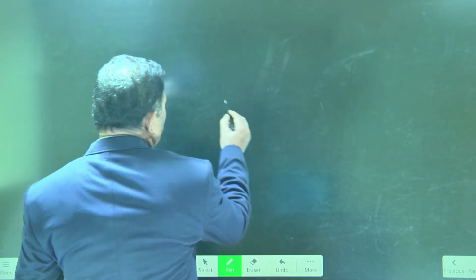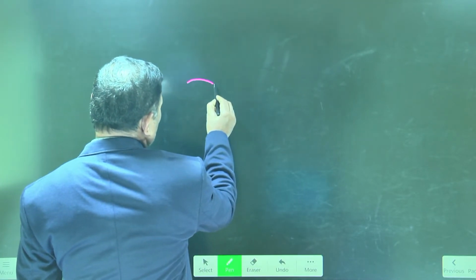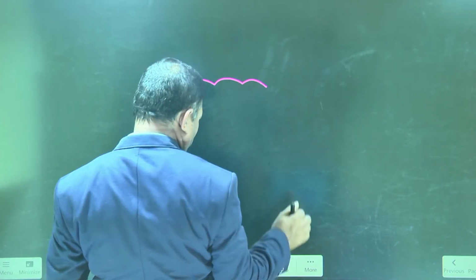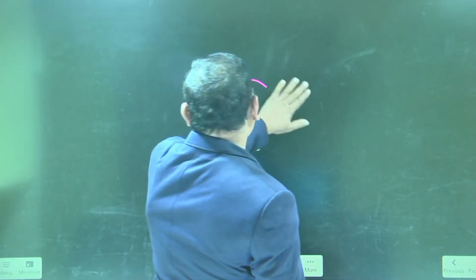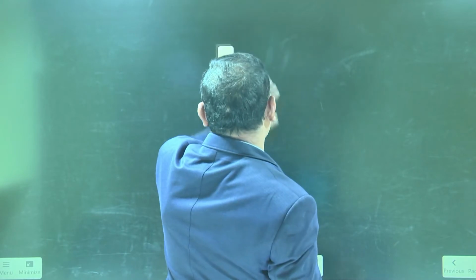Next, if you see the cells, what is the difference between the plant cell and animal cell?